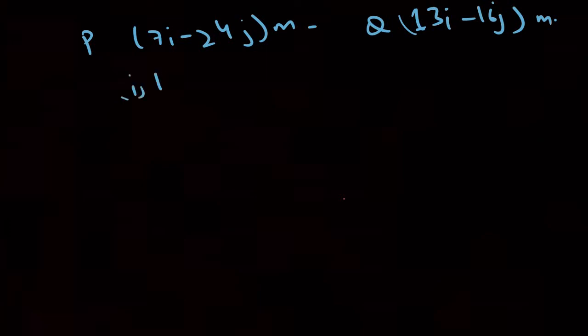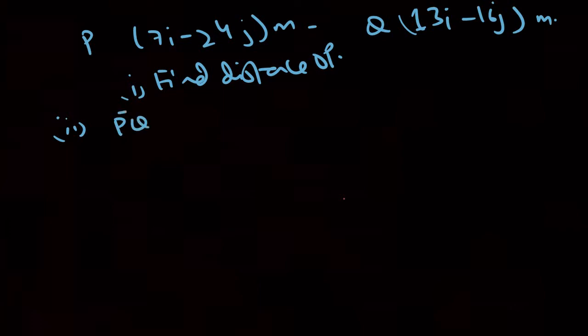First of all, you have to find the distance OP, then we have to find the vector PQ, that is a position vector, and third, we have to find the distance PQ.